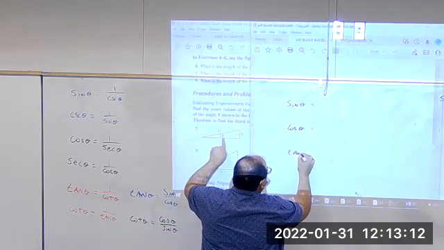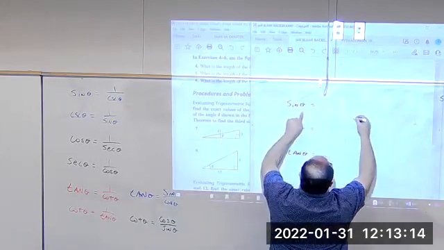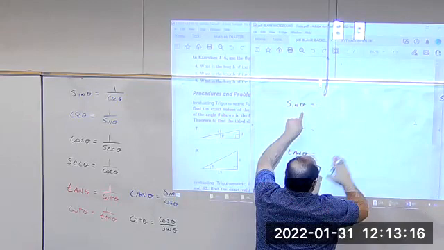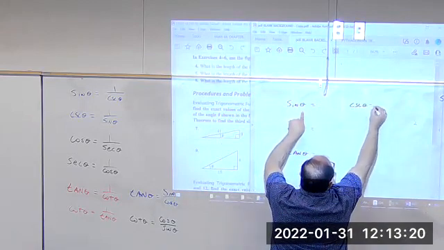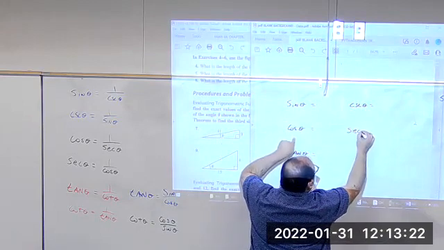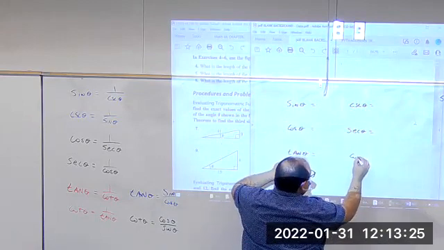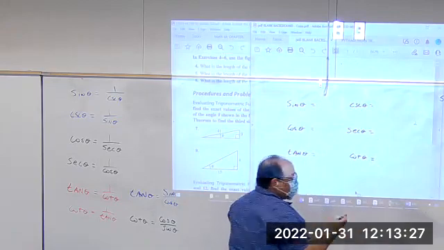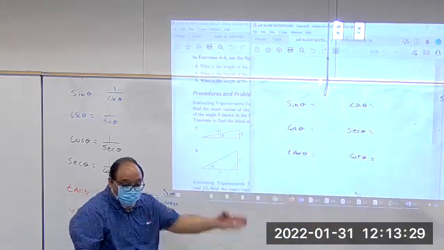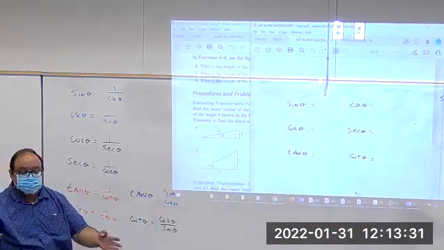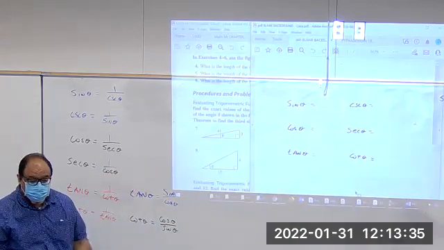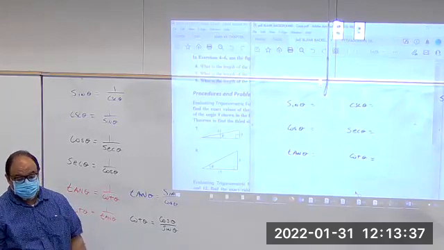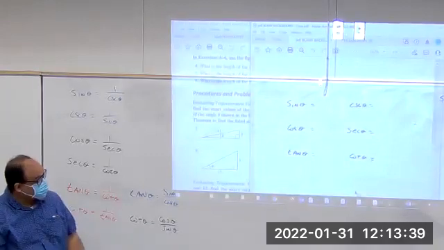What's the tangent of theta? And then right across, you can just flip it over to get this. What's the cosecant of theta? What's the secant of theta? And what's the cotangent of theta? Since you have to find all 6 anyway, why not practice your homework like I'm showing you right now? That's how I'll have you fill it out on the test and the quiz all the time. Those will be the blanks.